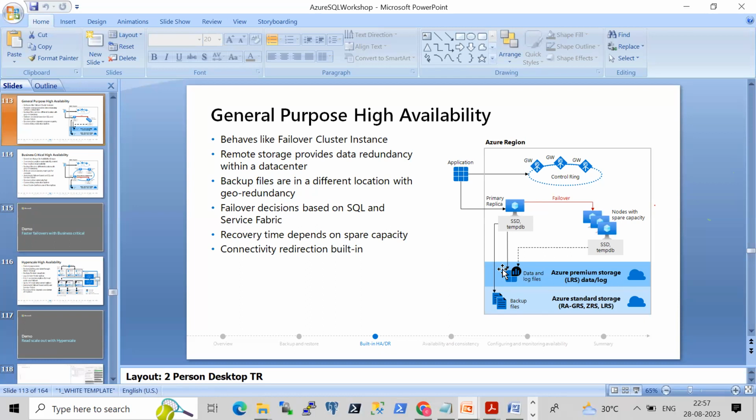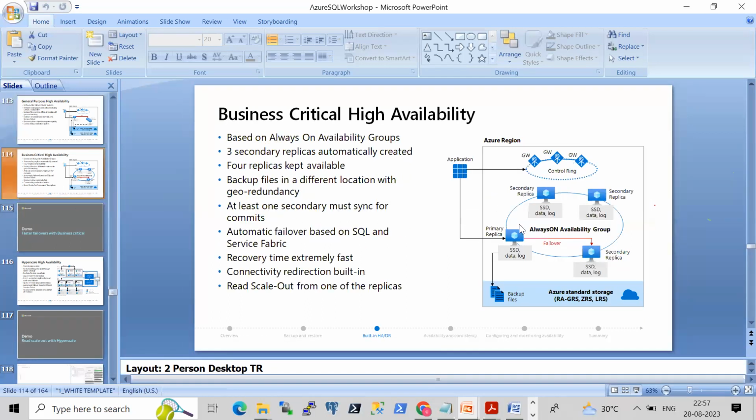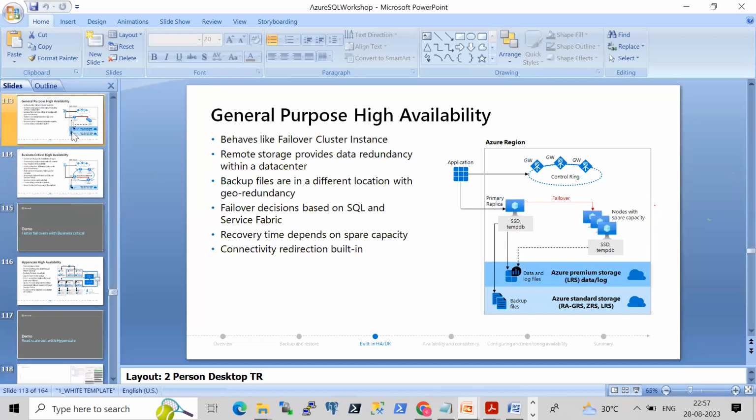That's it. And business critical will have storage locally, whereas in general purpose the storage will be placed remotely. That's it, nothing else. Once you have these 4 points in your mind, you are a very good DBA when it comes to MI. Is that clear? Yes, Vamsi, thanks.